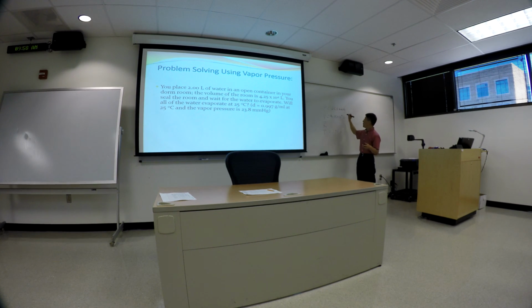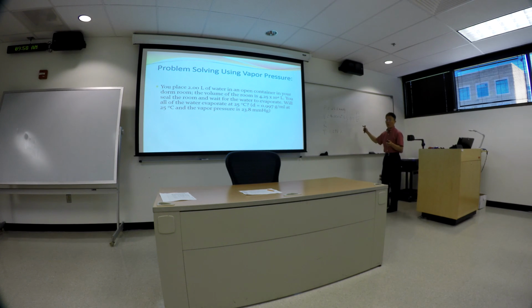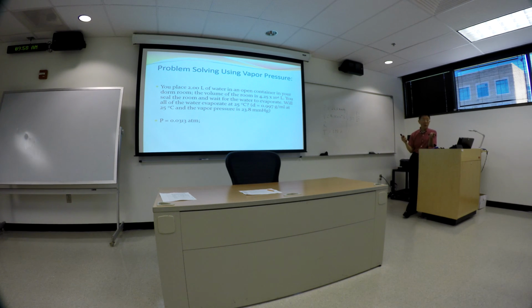Okay. So what we can do here is use this equation, n equals PV over RT. Under this particular vapor pressure, we can calculate how many moles of water will get into the gas phase. If you plug in the numbers, the pressure equals 0.0313 atm, that's the partial pressure, the vapor pressure for water at 25 degrees Celsius.